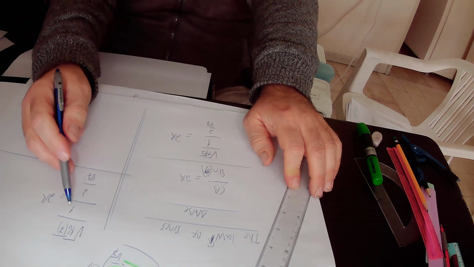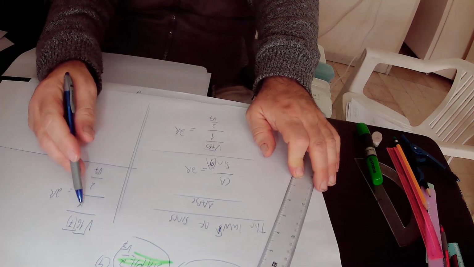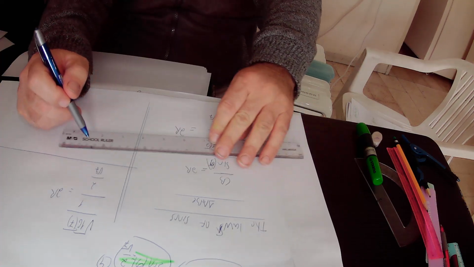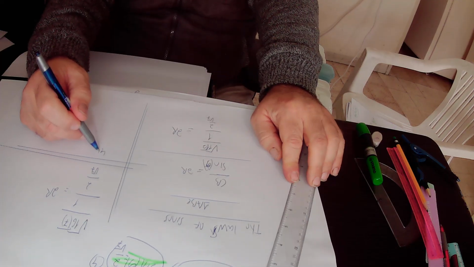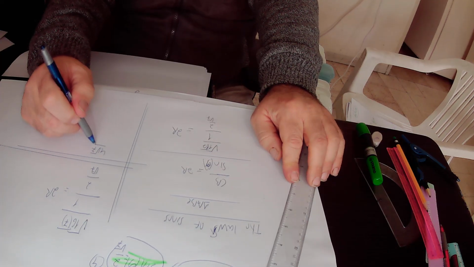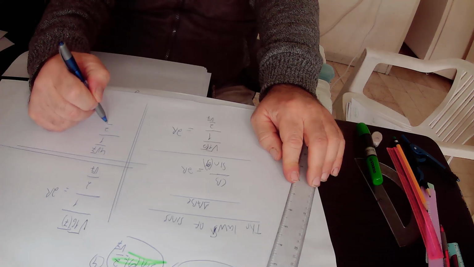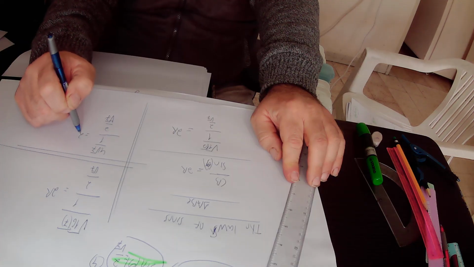We take 16 out of the root. Here the square root of 16 is 4. So in total this expression equals 4 times the square root of 7, divided by 1 divided by 2 over the square root of 7, equals 2R.